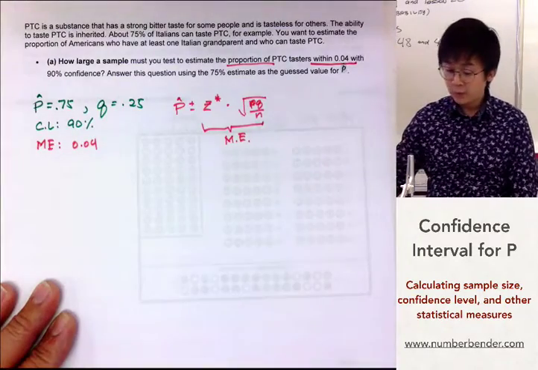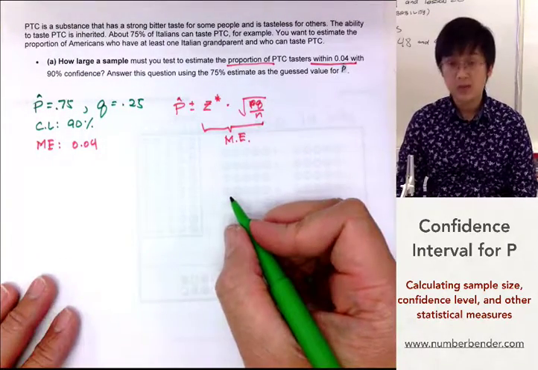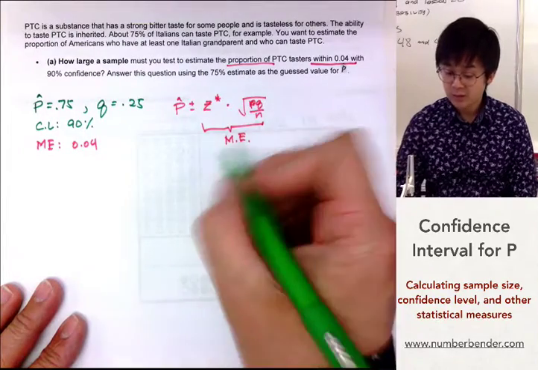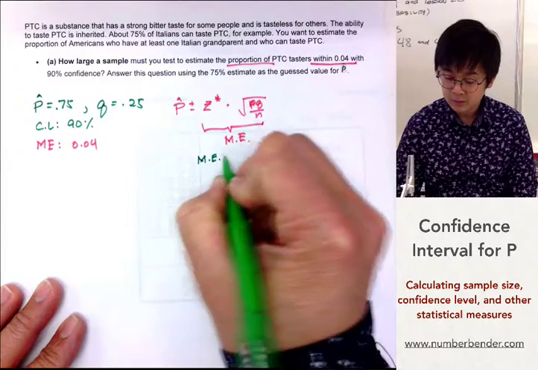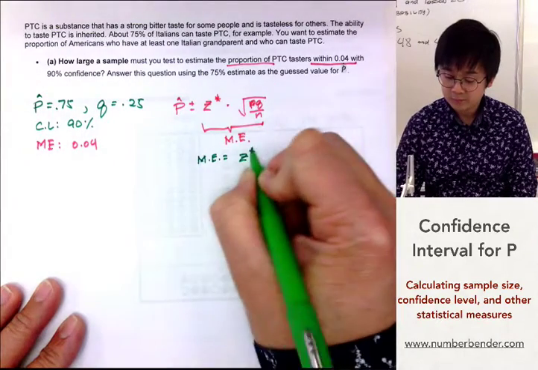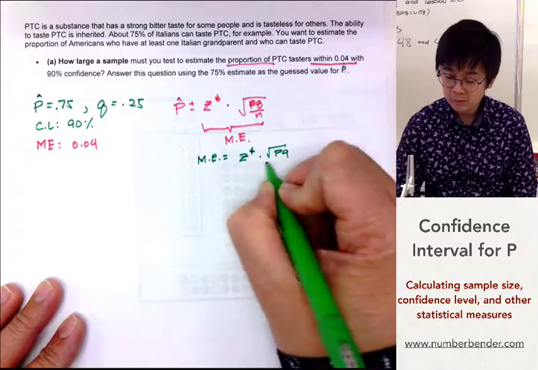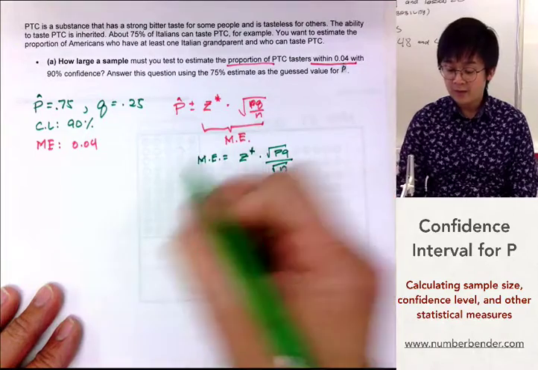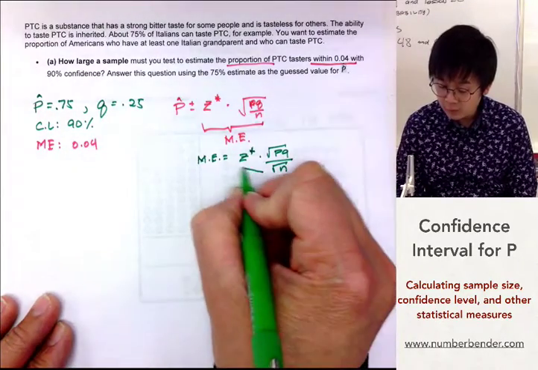Now, since our formula is in general form, let's go ahead and derive the formula for finding the sample size using the margin of error. So let's equate the margin of error to z star times the square root of pq all over the square root of n. Now that we have this formula, we can cross multiply the square root of n.